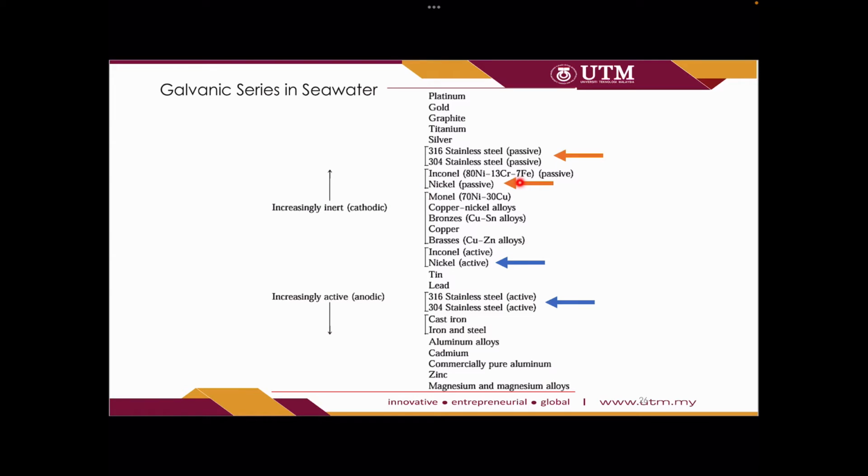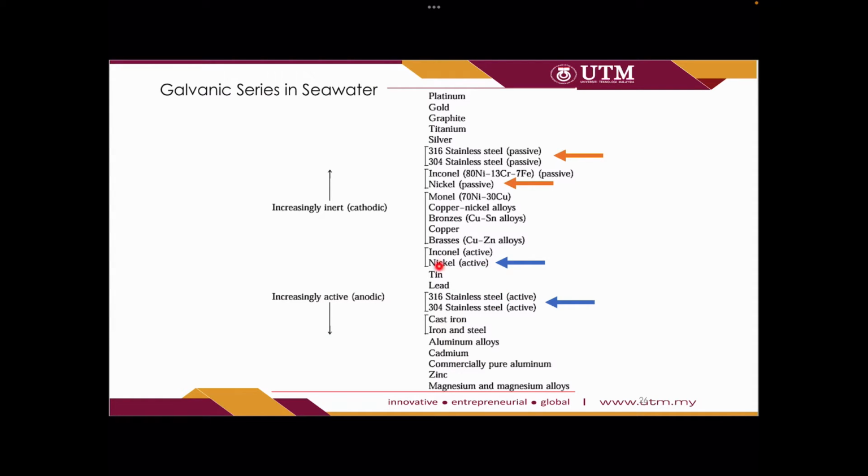However, in the galvanic series, unlike the EMF series, you can see Inconel, which is one type of nickel alloy, and stainless steel. If we have pure copper, we will also see brass, which is copper-zinc. So there are more than pure metals; the series is arranged according to different types of common alloys.